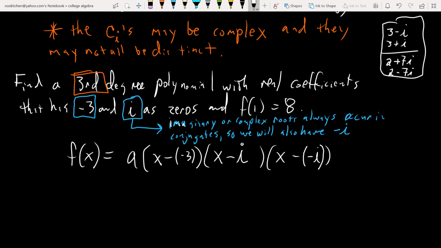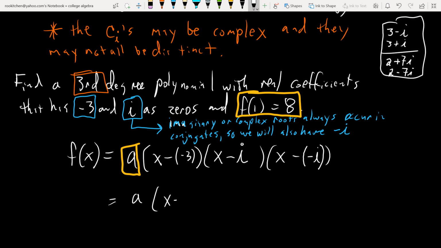So we have a third degree polynomial, but the problem is now this leading coefficient, this a value. We need to figure out what that is. To figure that out, we're going to use this one last bit of information, that f of 1 is equal to 8. First things first, I'm going to simplify this a bit and then multiply it out.